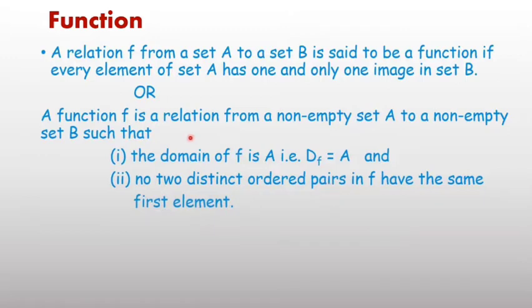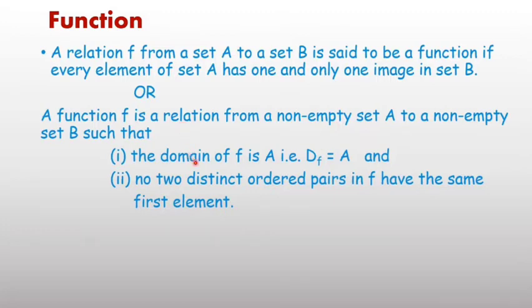For a function, there are three conditions. First condition, it should be a relation. Relation means a subset of A cross B. If two sets A and B are given, it should be a subset of A cross B, meaning it is a relation.